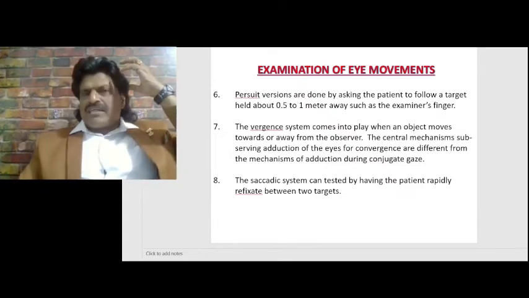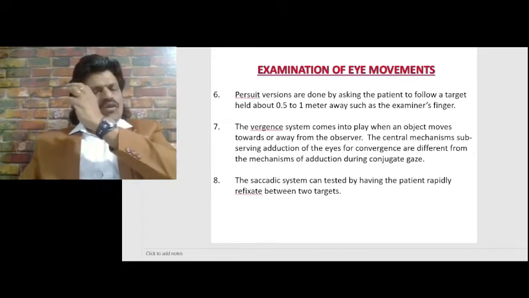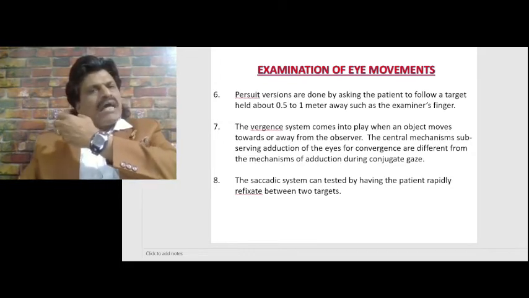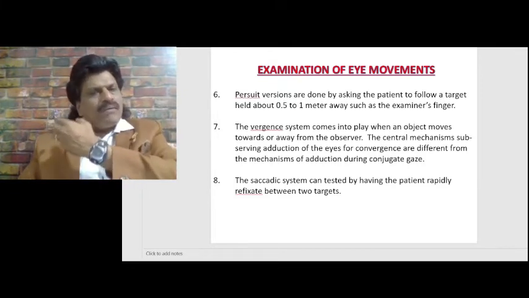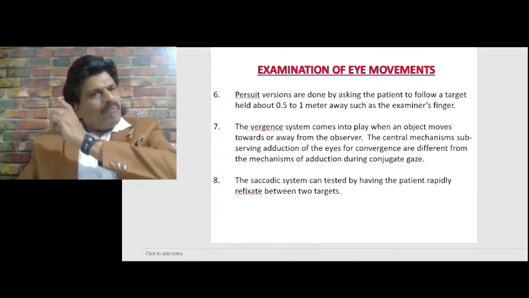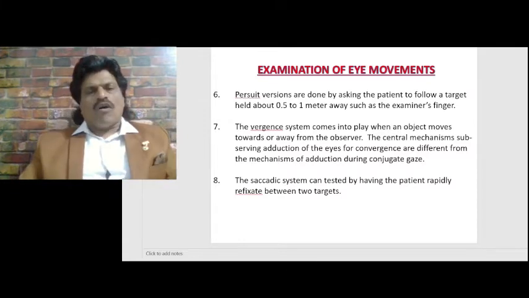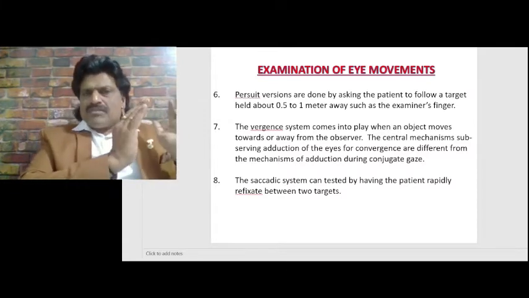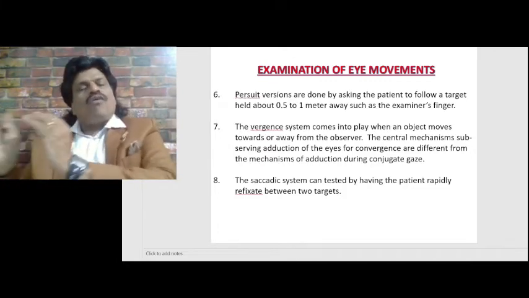It is initiated from the frontal eye fields area number 8, goes down, crosses over to the opposite side and goes to the PPRF, paramedian pontine reticular formation, which is responsible for all horizontal eye movements, be it saccade or pursuit. PPRF pulls eyes towards its direction by involving the lateral rectus of the same side and, through the MLF, the medial rectus on the opposite side.